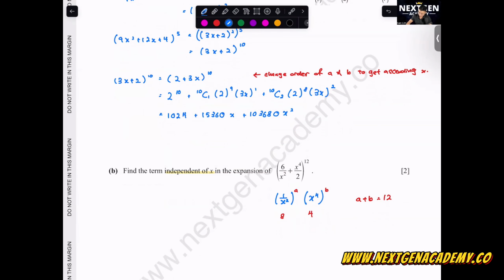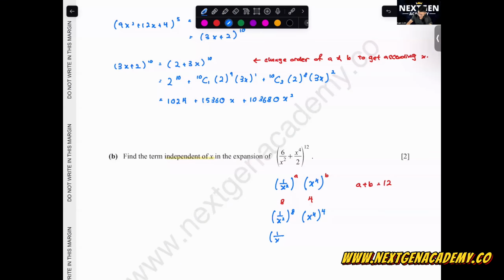Why? Because if I put it like this, the 1 over x squared to the power 8 gives 1 over x to the power 16, and x to the power 4 to the power 4 gives x to the power 16. So this gives minus 16 plus 16, which is 0. So we want to use these two values, 8 and 4. Got it?